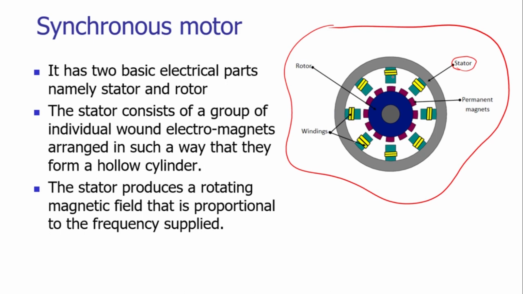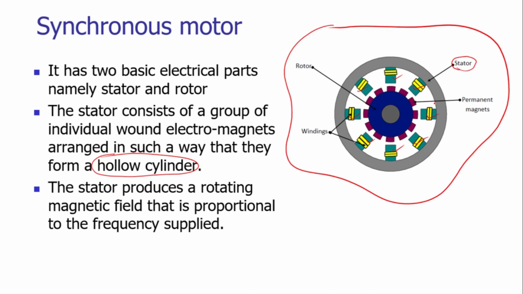So if you look at it, a multiple number of electromagnets are arranged such that they are forming a cylinder. These electromagnets are connected with the alternating current power supply.